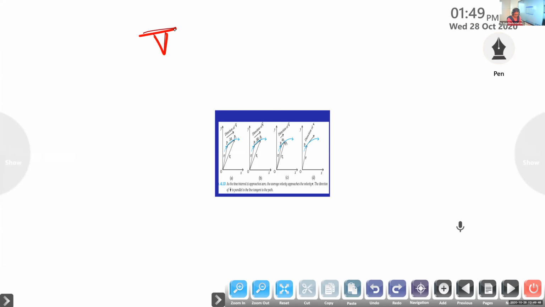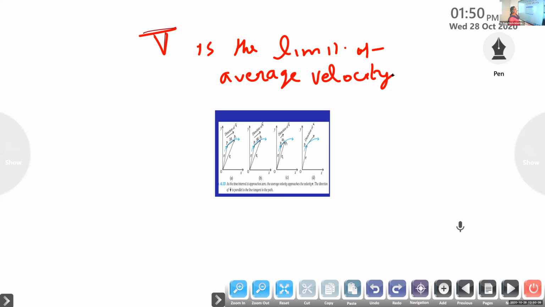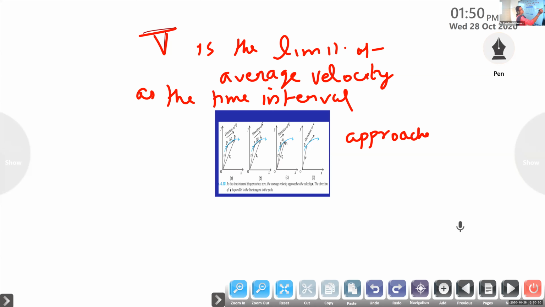Instantaneous velocity vector V is the limit of the average velocity, as the time interval approaches zero.